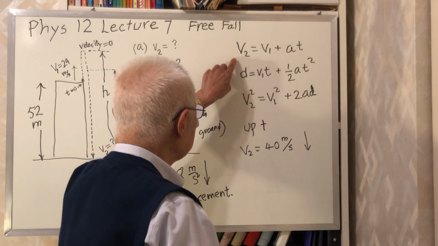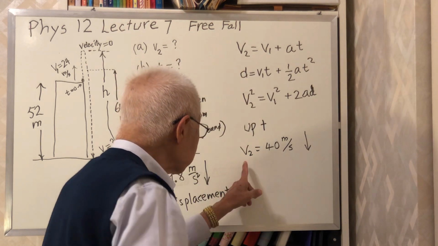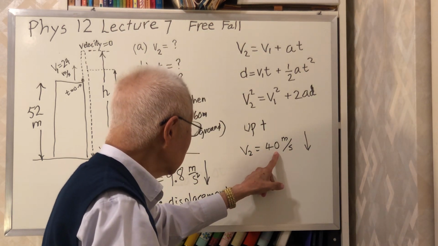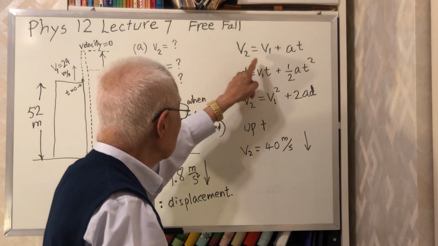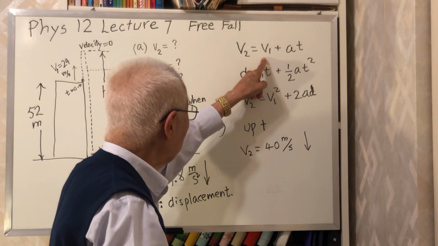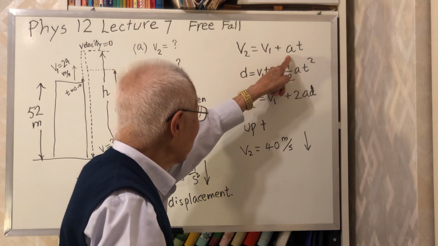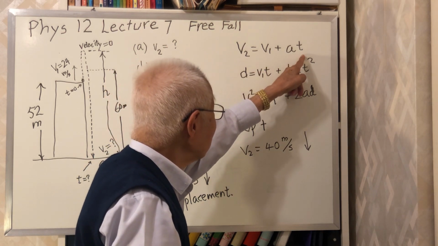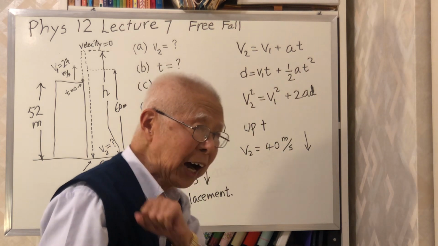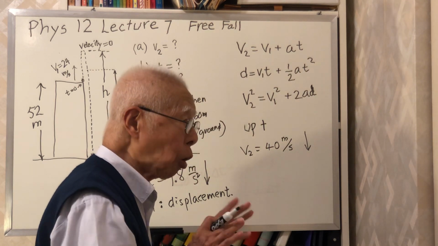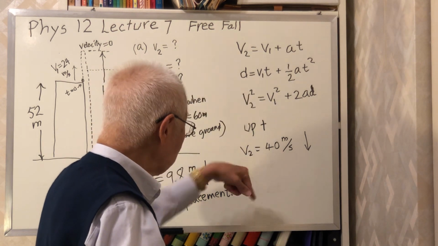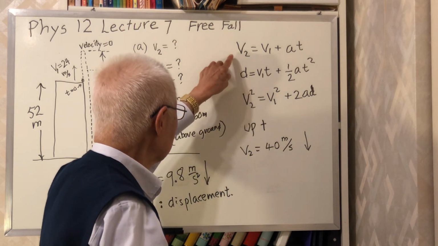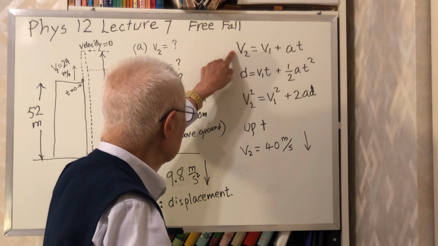You use the first equation, because V2 you already found from part A. V2 I know. V1 is 24. A is 9.8. Time is what I want to find. Let me say it more precisely. V2 is down, therefore it's minus 40.